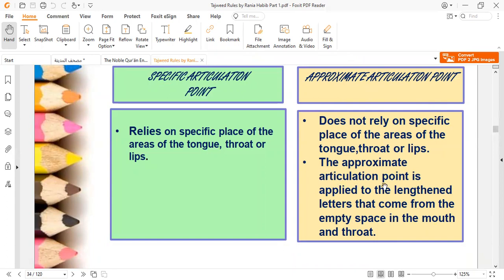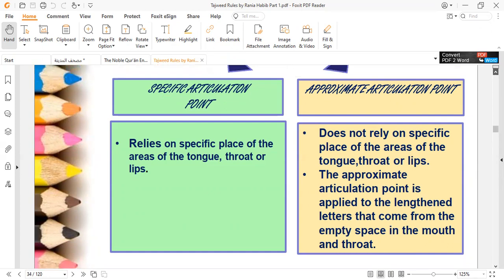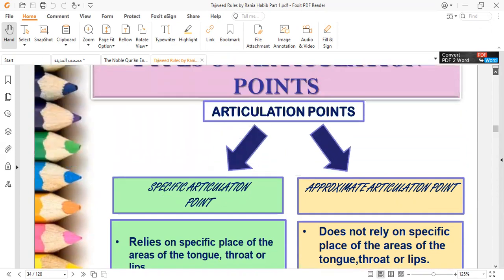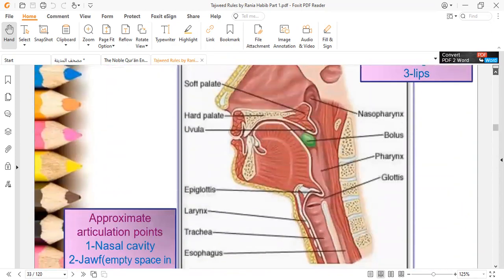The approximate articulation point is applied to the lengthened letters, alif, waw, and ya, that come from the empty space in the mouth and the throat, which is al-jawf. Okay, and they didn't mention the nose because we don't articulate specific letters from the nose.